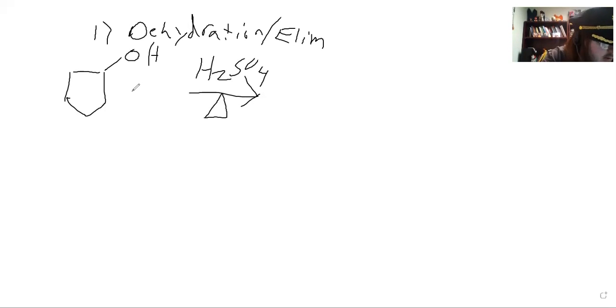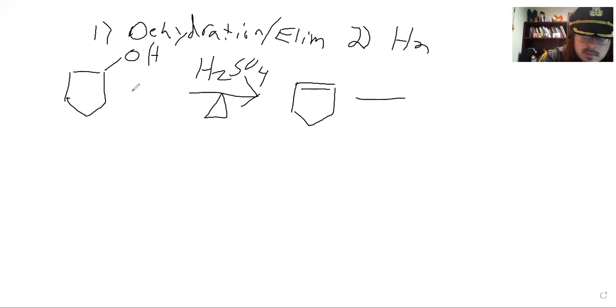We protonate there, and then in the presence of heat, we kick off water and form an alkene. Then step 2, hydrogenation. We add hydrogen and our platinum, and we can fully reduce this down.